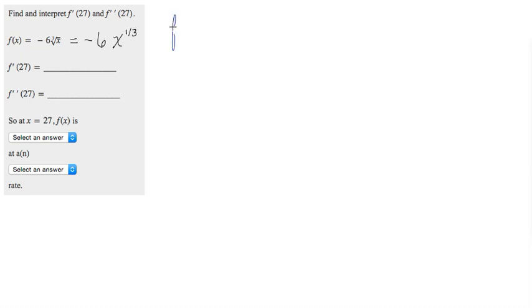So then the first derivative, using the power rule, we'll bring that 1/3 down out front, so it's -6 times 1/3 times x to the power of 1/3 minus 1 is -2/3. And let's go ahead and simplify that because -6 over 3 is -2. So it's -2 times x to the -2/3.